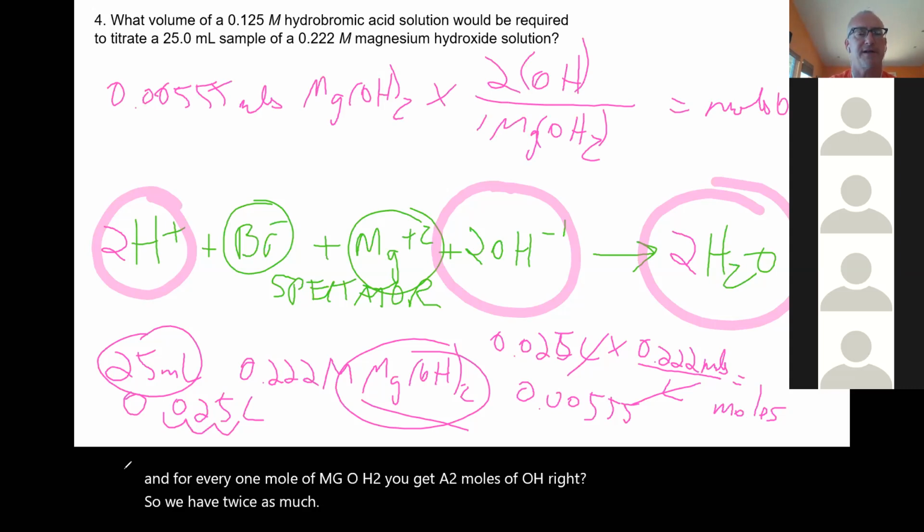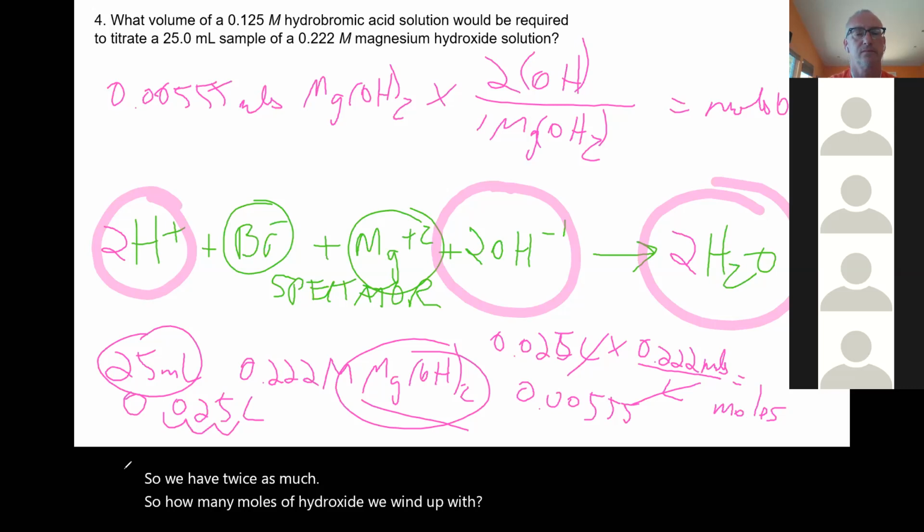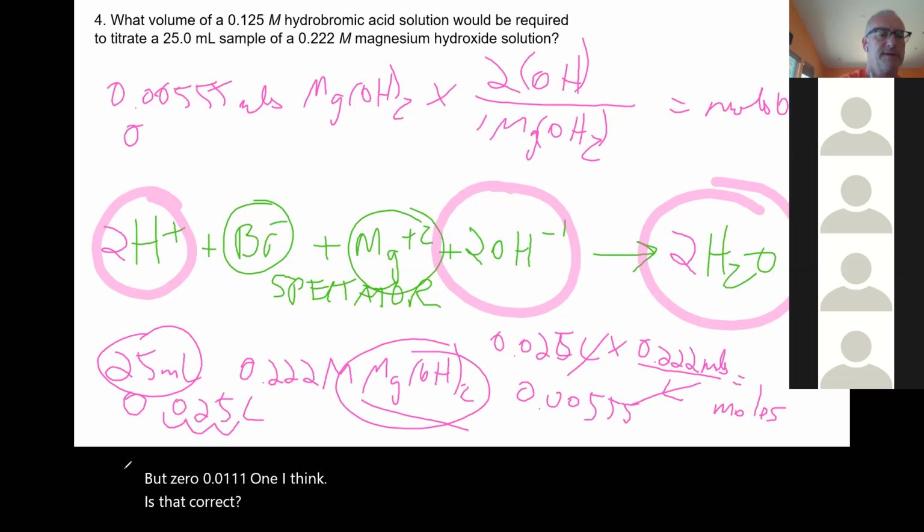So how many moles of hydroxide do we wind up with? Is it 0.0111, something like that? Is that correct? 0.0111 moles of hydroxide. Okay, almost done.